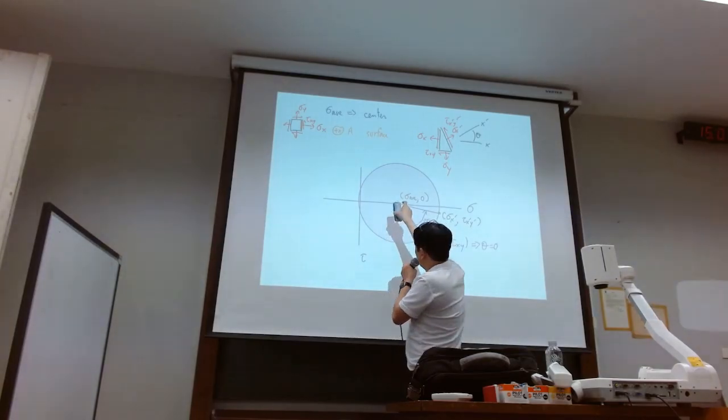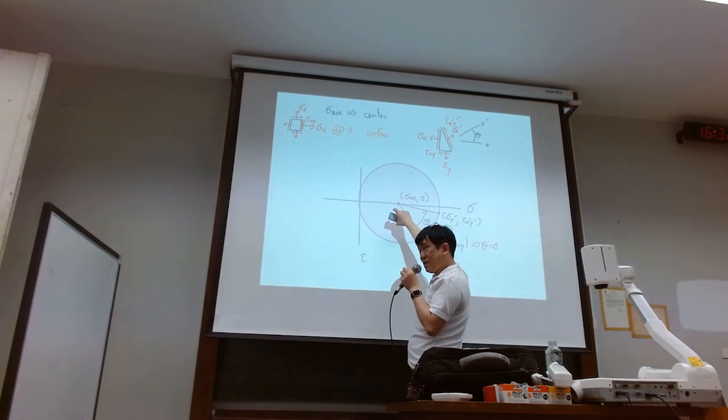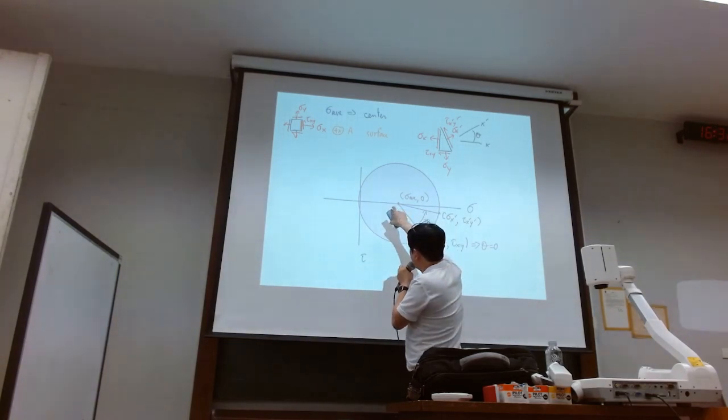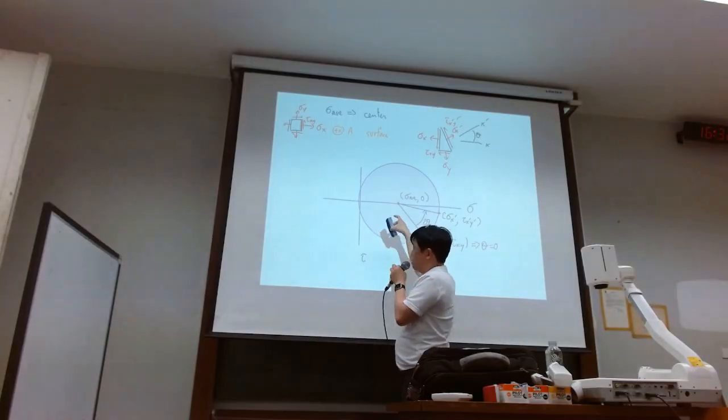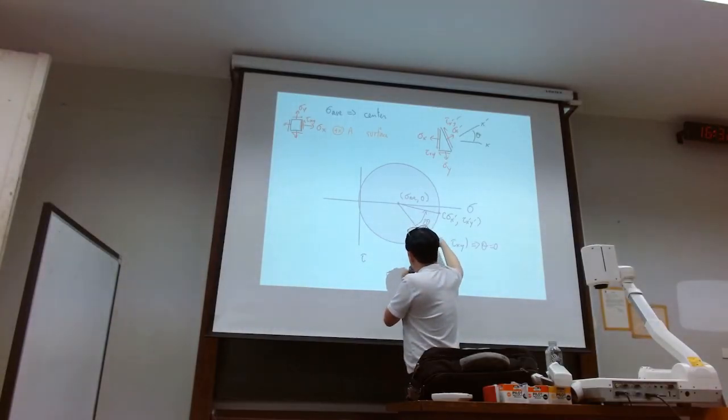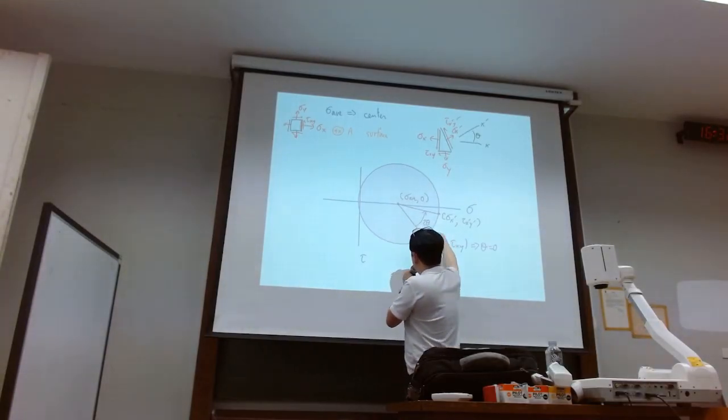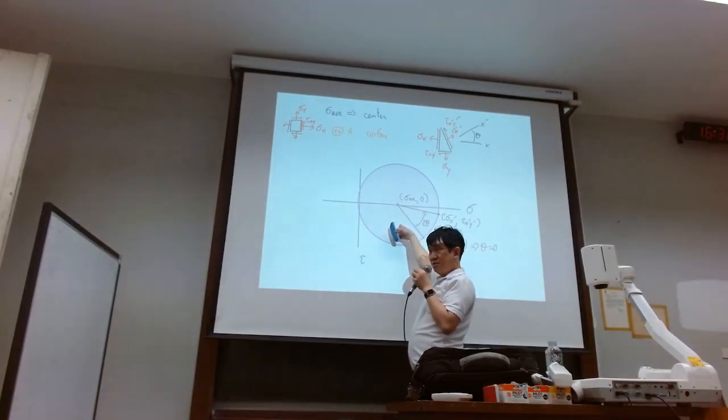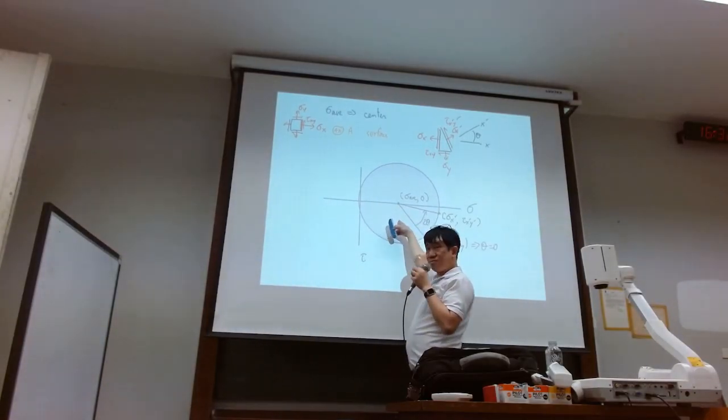So this is one rotation on one plane. But then when you rotate and stop and do another rotation, then you will go either outside or inside the circle. That's possible.